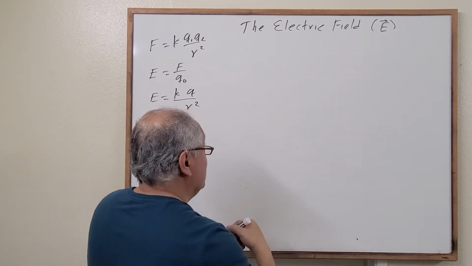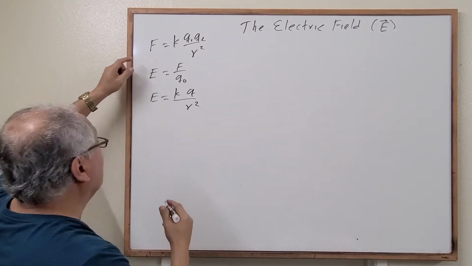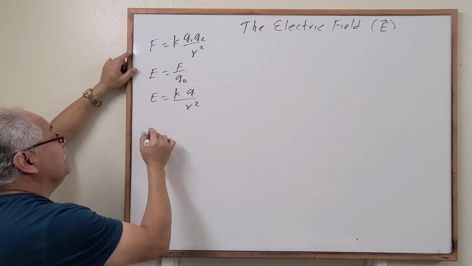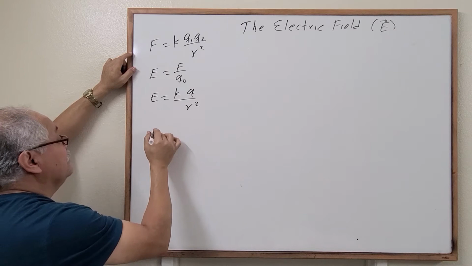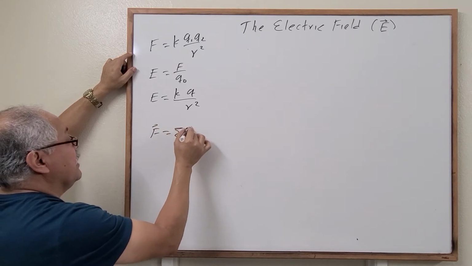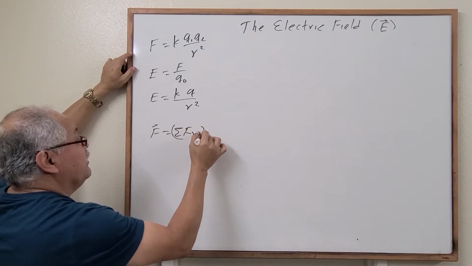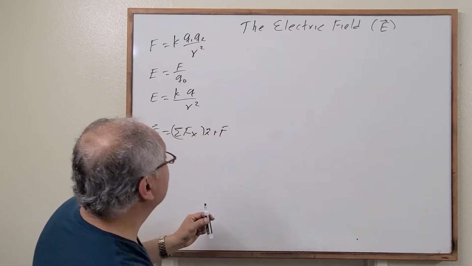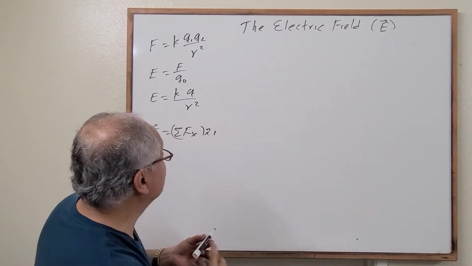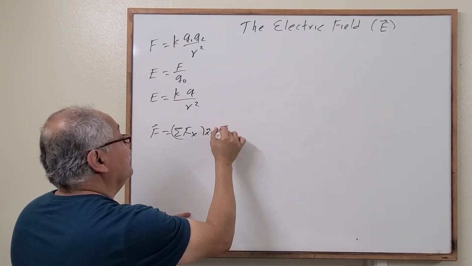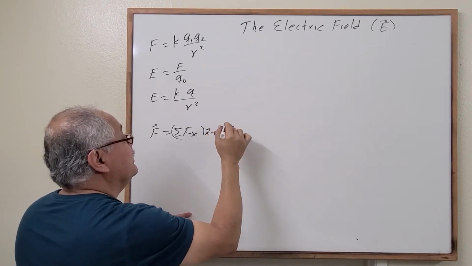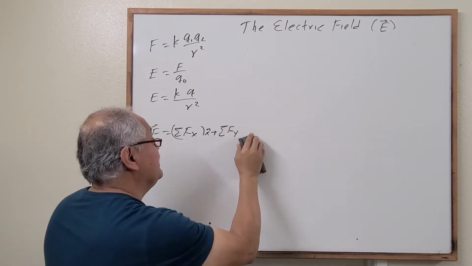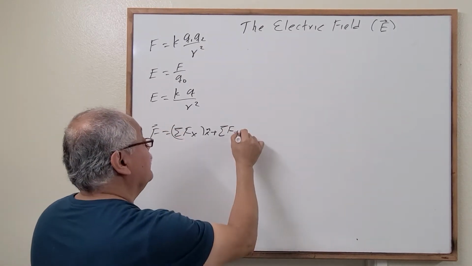One more time. Remember, these are vectors. Forces and electric field are vectors. Any vector, let's say force, is equal to the sum of the components in the x direction, x hat, plus the sum of the components in the y direction, y hat.